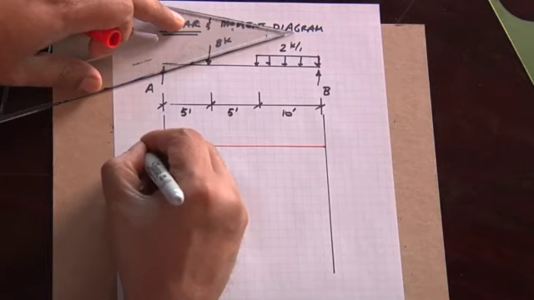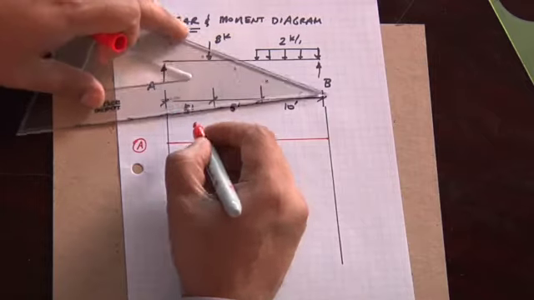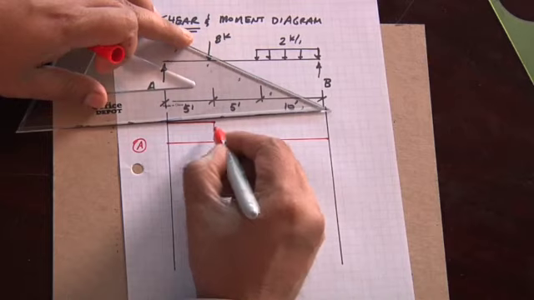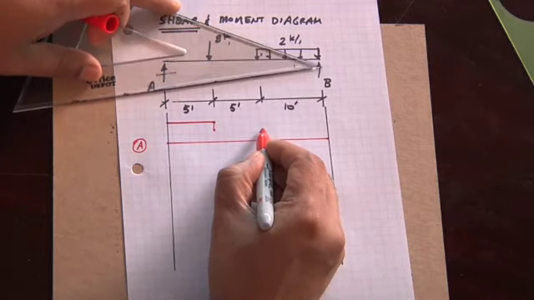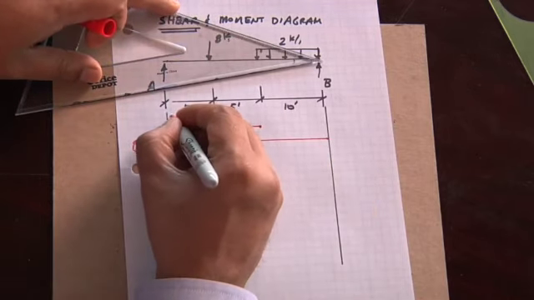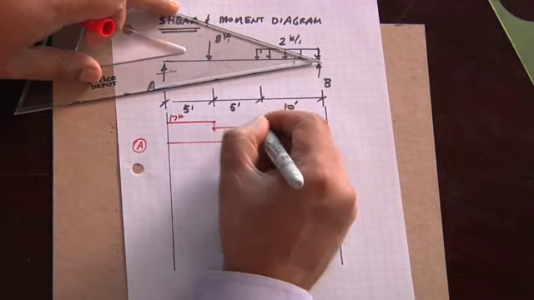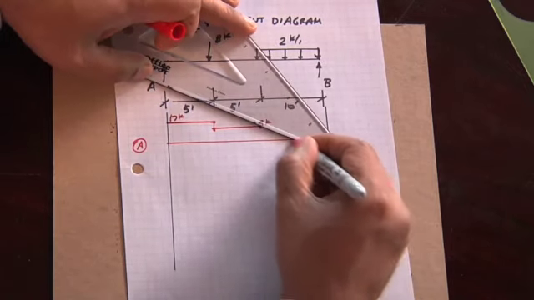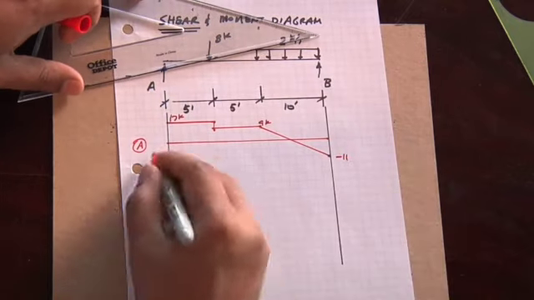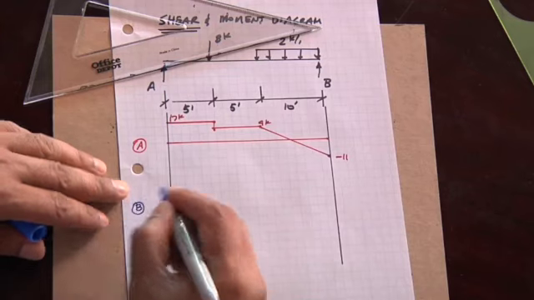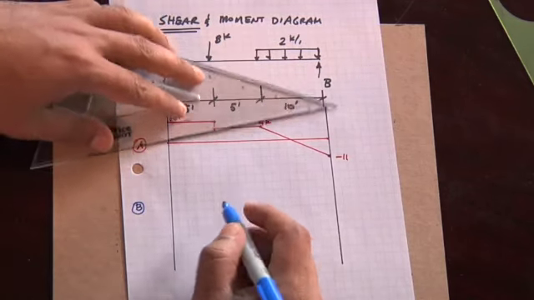So the first option, which is labeled A, looks like this. Comes across this way, drops down. They have values on here also. This is 17 kips, 9 kips, minus 11. So that's your option A. Then option B, I'll draw that one in blue.